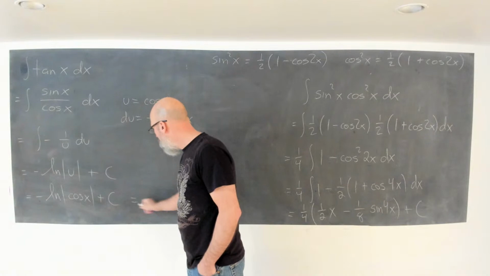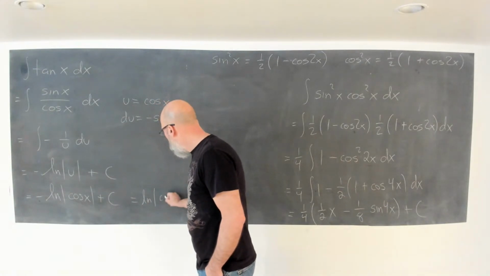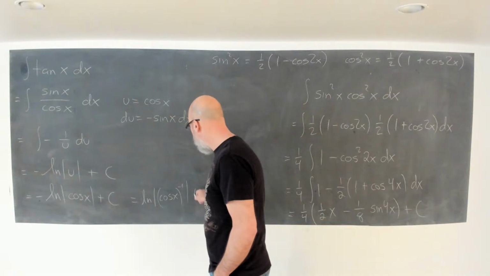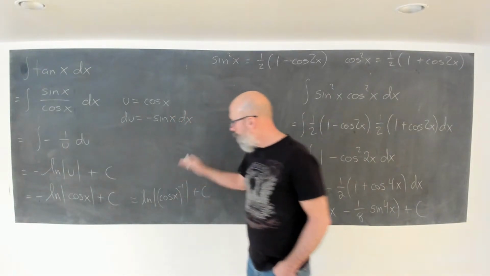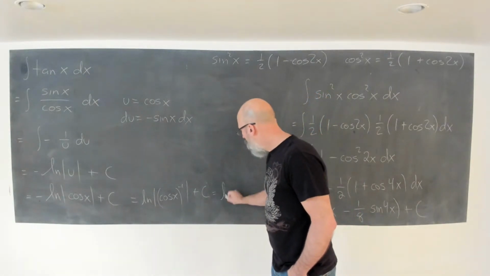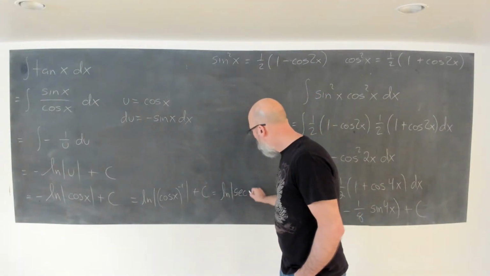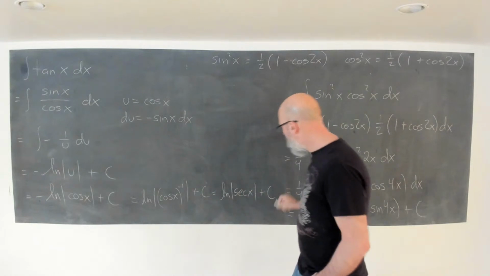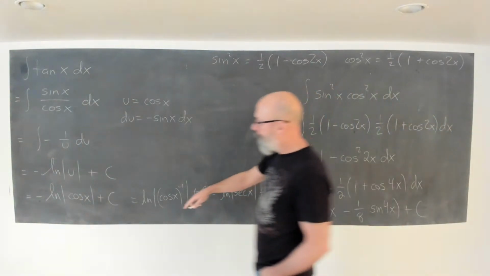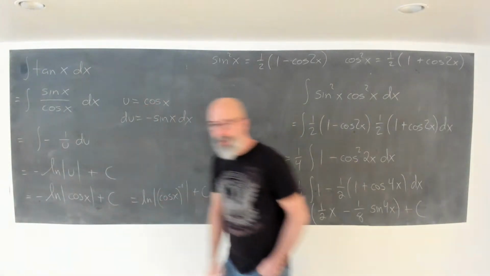You can rewrite this as log of cos x to the negative 1, and 1 over cos x is secant. So some books like to give this as log of secant, but I personally prefer this. It's easier to see.